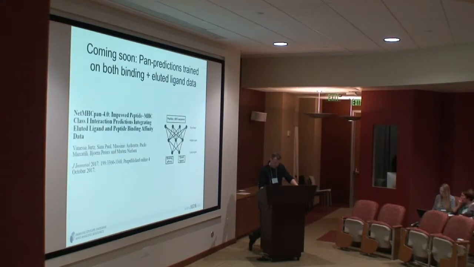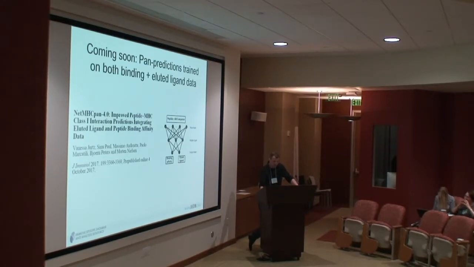The one that came out at the end of last year, and we really need to get it on the website, is an approach developed by Morten's group, again using the pan-prediction approach of training a neural network to simultaneously learn from different MHC sequences and peptide sequences how to predict peptide binding across different MHC alleles.